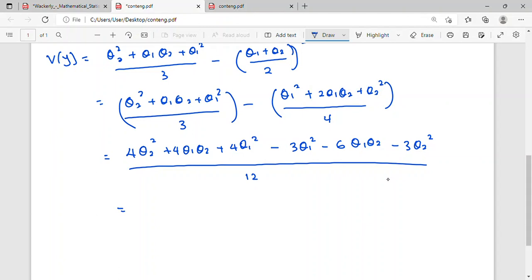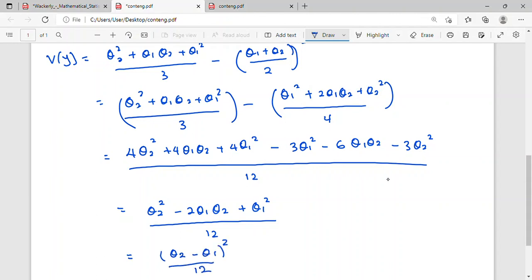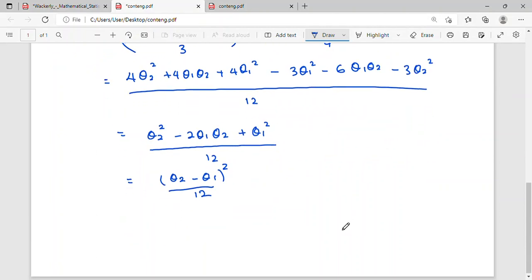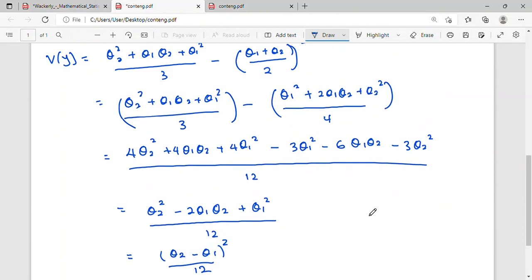So akan tinggal theta 2 square minus 2 theta 1 theta 2 plus theta 1 square divide dengan 12. So we can factorize this, simplify this as theta 2 minus theta 1 square over 12. So this is the variance, how to derive the variance of uniform distribution.